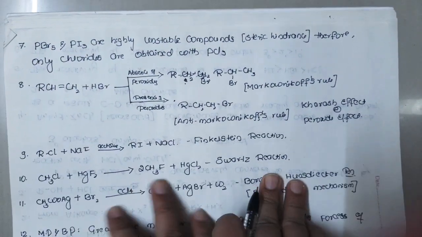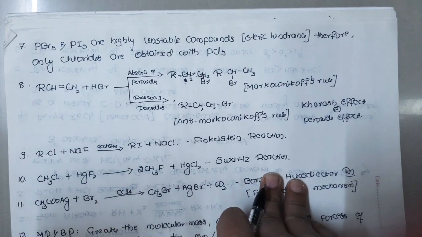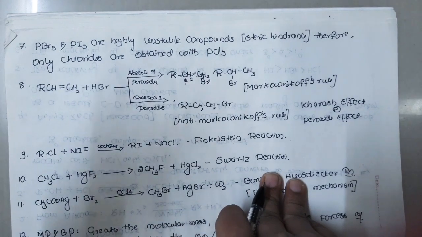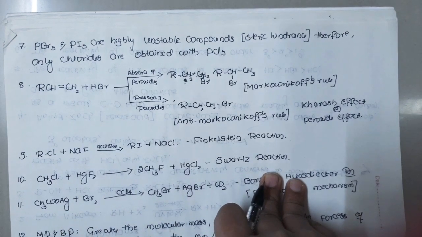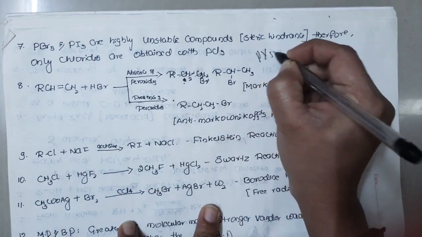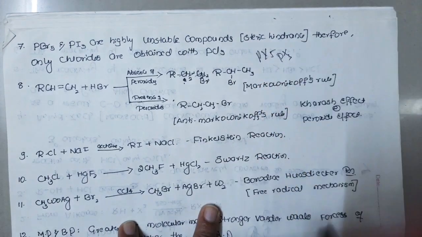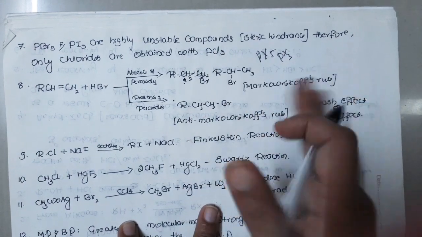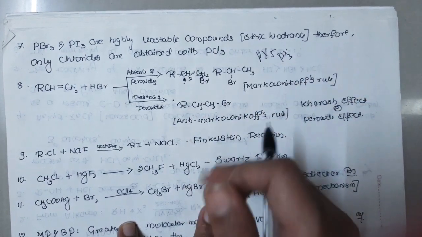There are plenty of methods available for the preparation of alkyl halides, as I told. One method is when an alcohol is treated with the respective phosphorus pentahalide or phosphorus trihalide, we get the respective alkyl halide.